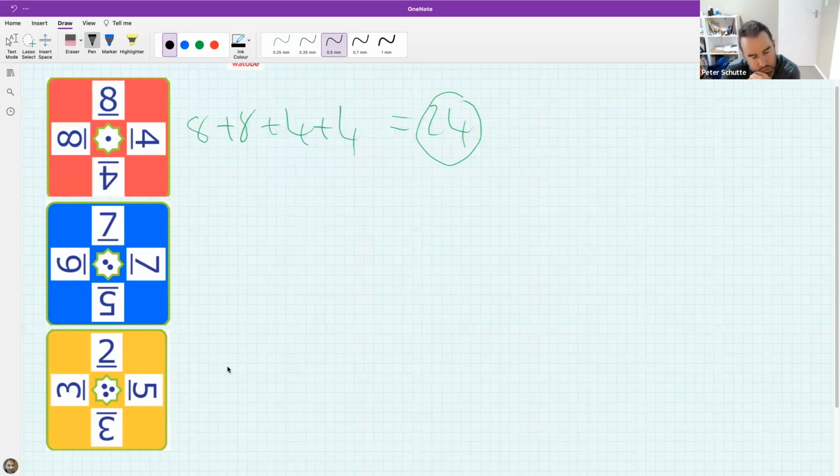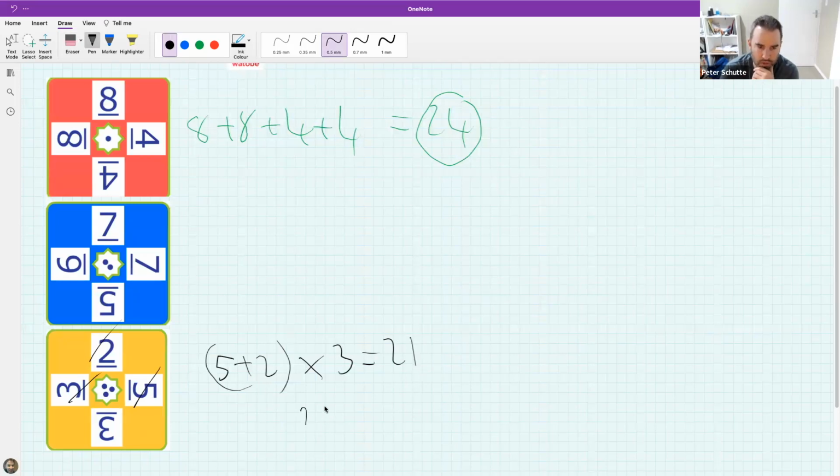And what about yellow? These are getting harder. Oh, okay. The yellow one I think I can do. Yes, the table. So 5 plus 2 gives you 7. 7 times 3 gives you 21.